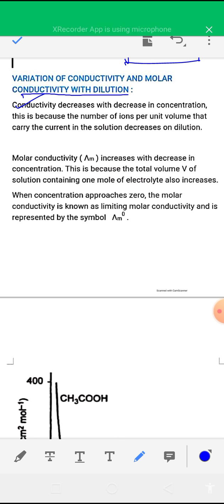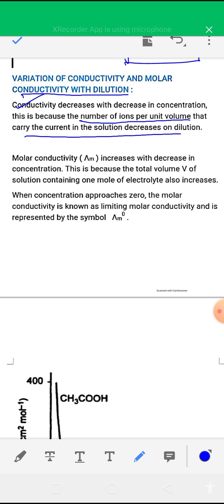This is because the number of ions per unit volume of the solution decreases on dilution. Therefore normal conductivity, or specific conductivity, decreases with dilution.